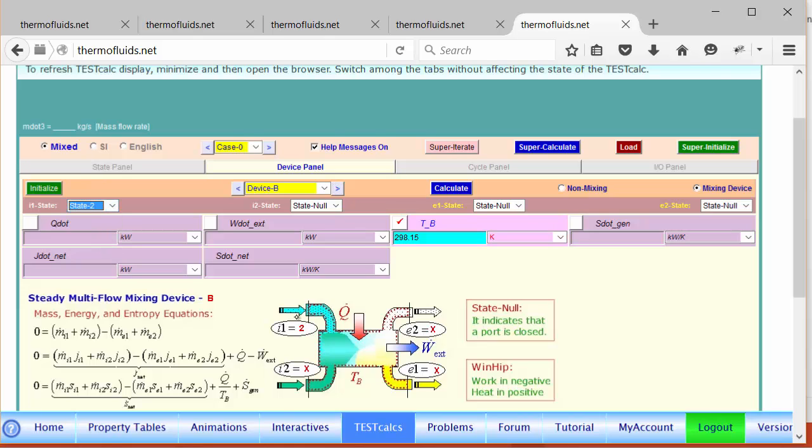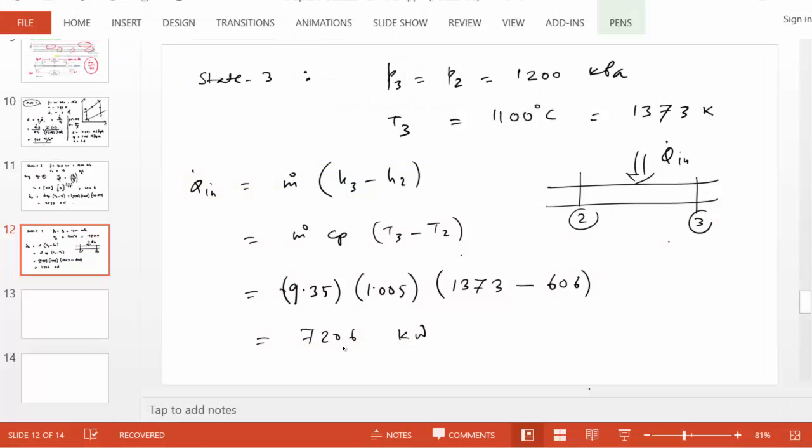State 2 is the inlet and state 3 is the exit. No external work. 7189. What did we get in the calculation? Yeah, that's pretty close, 7189 and 7206. Well within a couple of percent.